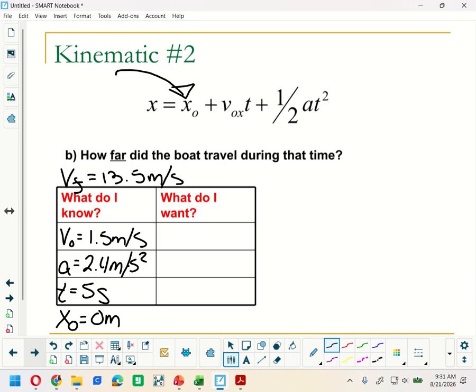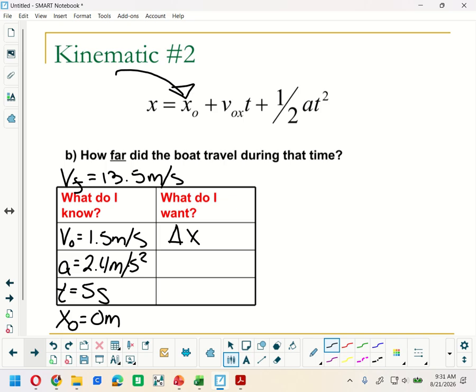Delta x. My displacement, my change in position. So that's what we're looking for. We're looking for that x value.